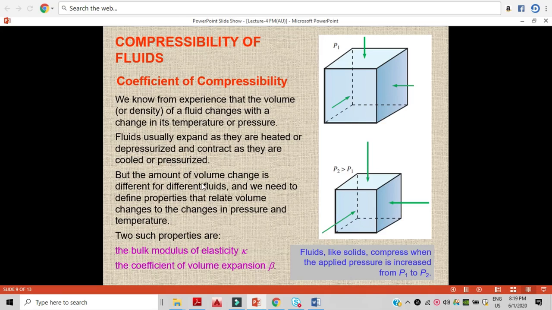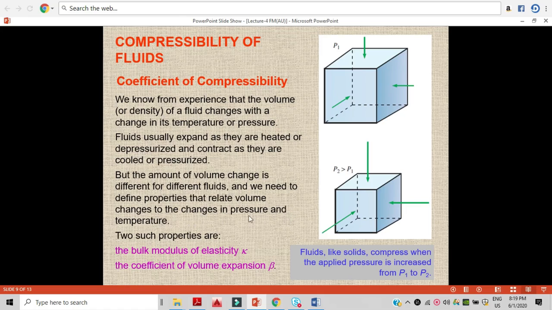But the amount of volume change is different for different fluids, because fluids have different properties, so they expand or contract differently. We need to define properties that relate volume changes to the change in pressure and the change in temperature. So we need a term that can express the change in volume due to change in pressure, or due to change in temperature.